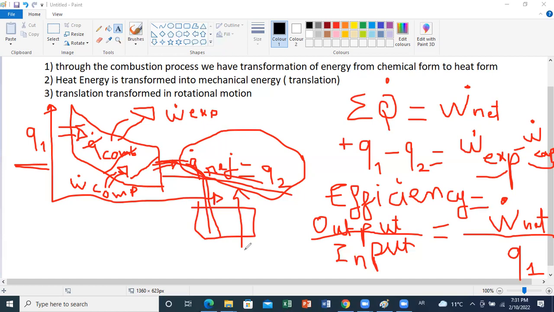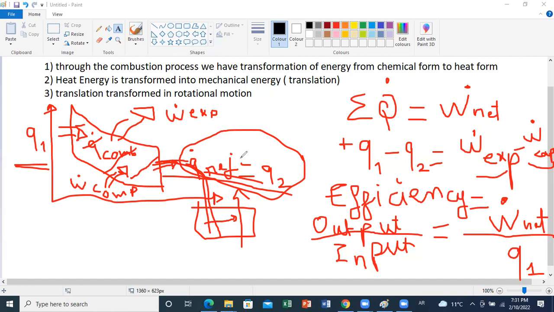And instead of admitting air at a very low temperature, I can increase the temperature of admission by using heat transfer from exhaust gas to admission gases. And in this way, I will benefit from a part of my waste energy.